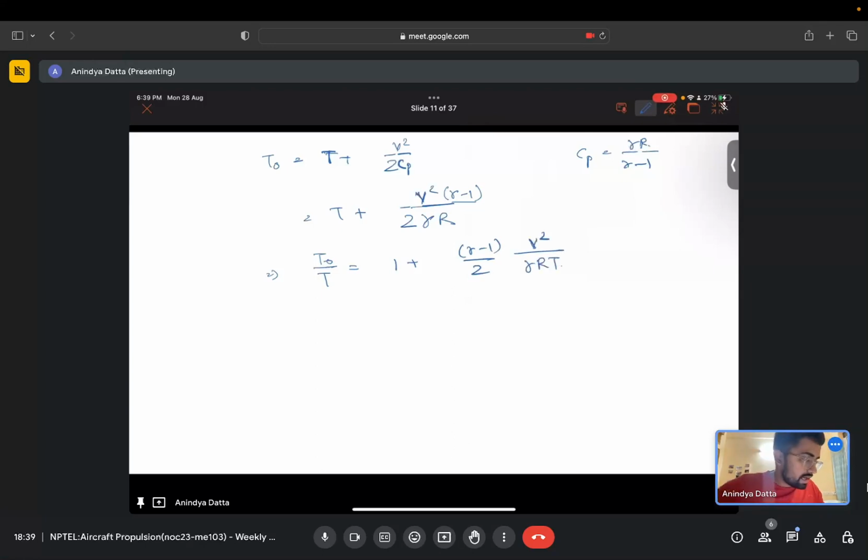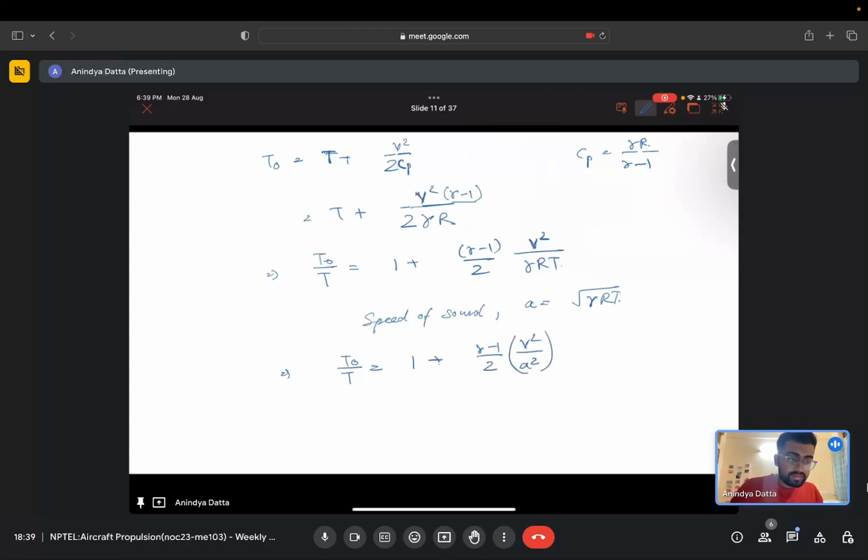The speed of sound, which we denote by A, is equal to the square root of gamma RT. Which means T0 by T is equal to 1 plus gamma minus 1 by 2 times V square by A square.